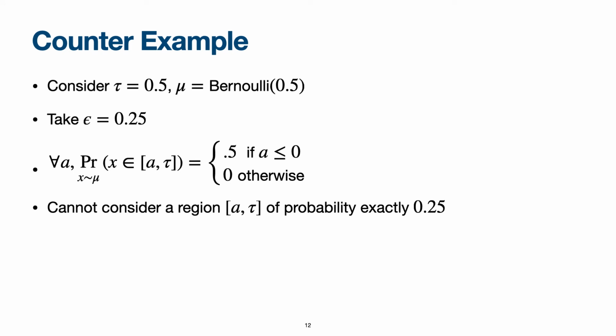Which means that you cannot actually consider a region A to tau of probability exactly 0.25. And the problem is not with PAC learnability, the problem is with this proof that I sketched before, and the error that I made when I sketched the proof was to just assume that we have a region of mass exactly epsilon, which might not be the case if we have a point mass just at the wrong place.